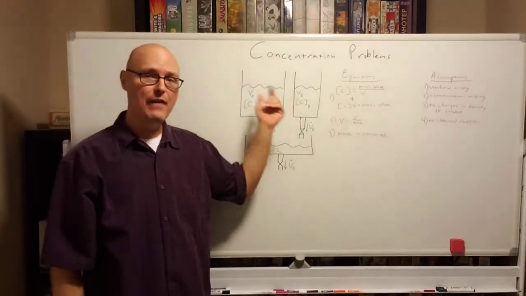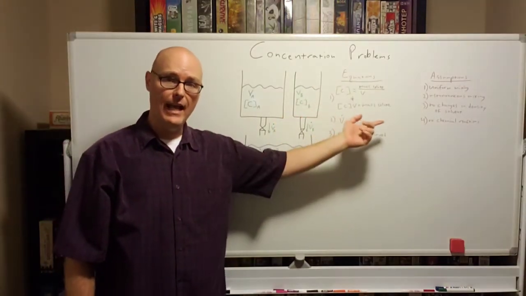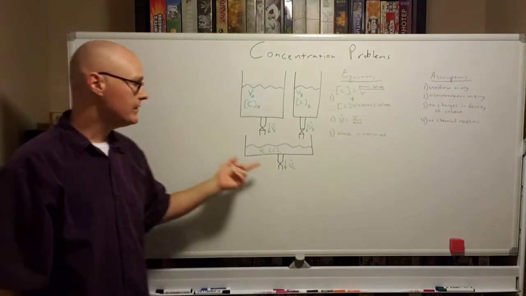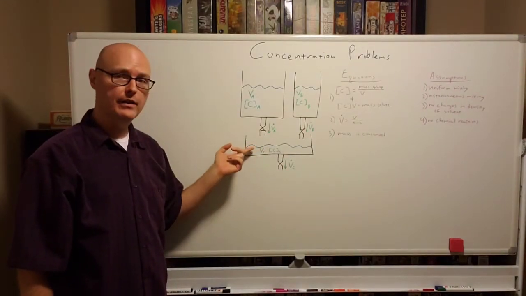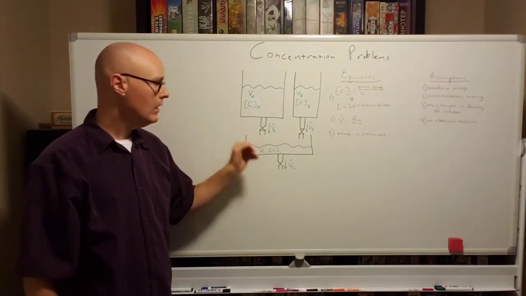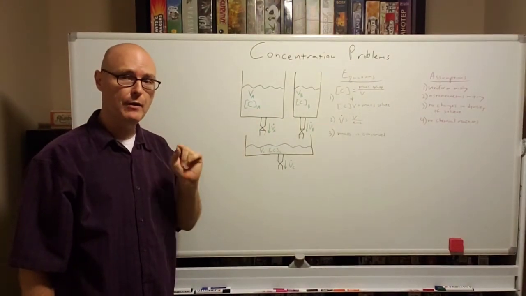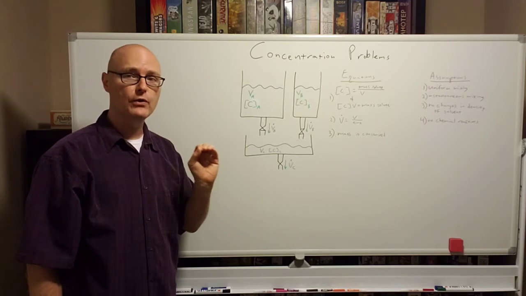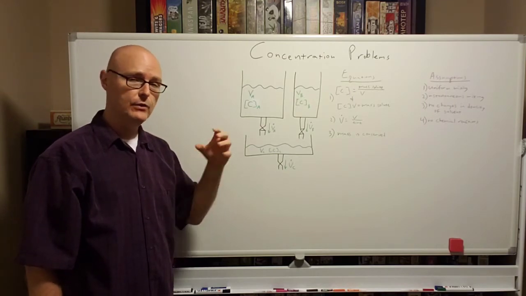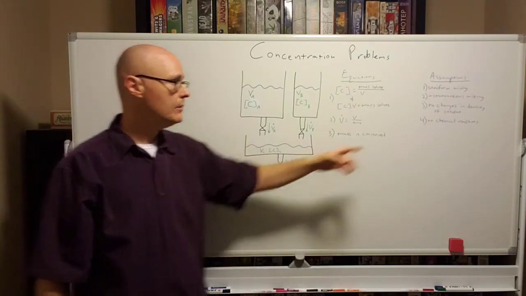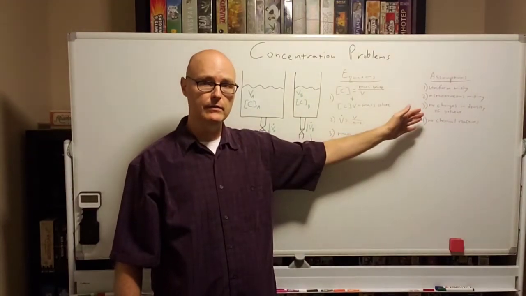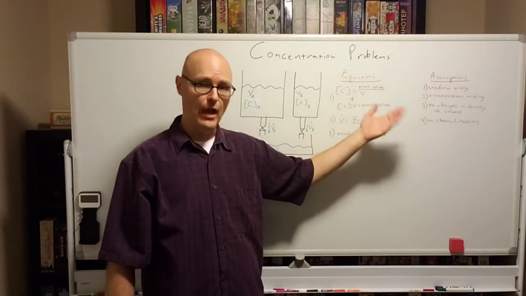All right, so now we have our equations and our assumptions. We can solve for this concentration. We're going to do that with a mass balance of the solute. That is going to be conserved because we have no chemical reaction. If we had a chemical reaction, that would be different.